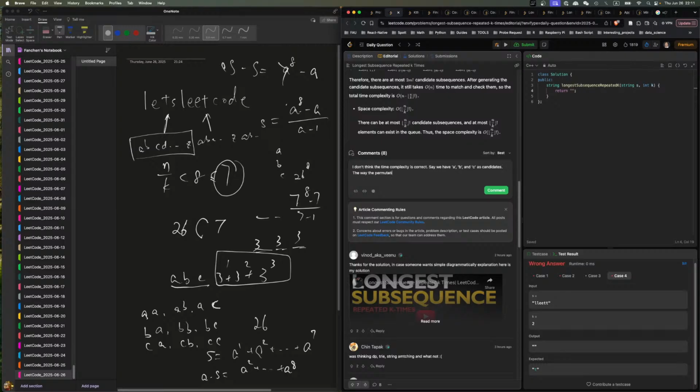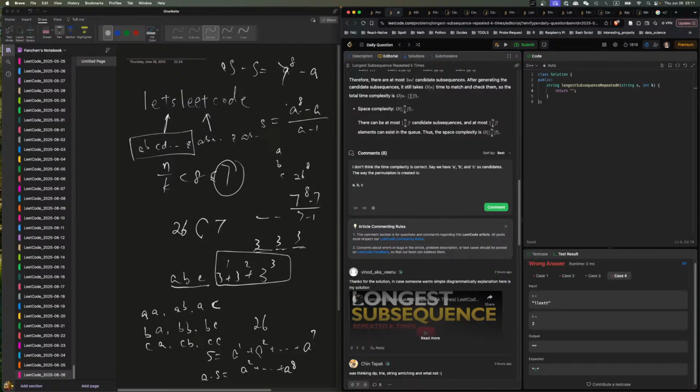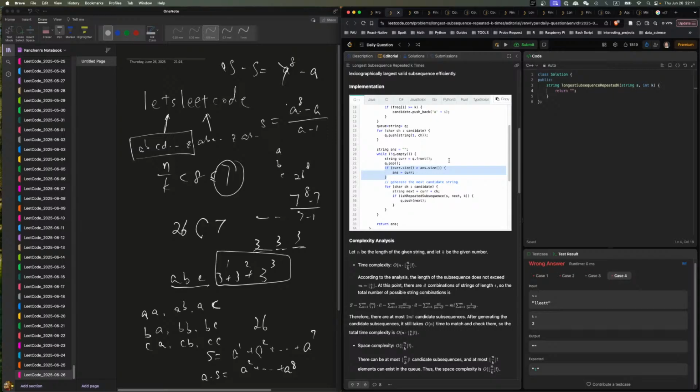The way the permutation is created is A, B, C, and let's say the length is 3. So we have those as candidates, and the maximum length of the subsequence is 3. And the way the permutation is created is, actually it doesn't even consider the longest.